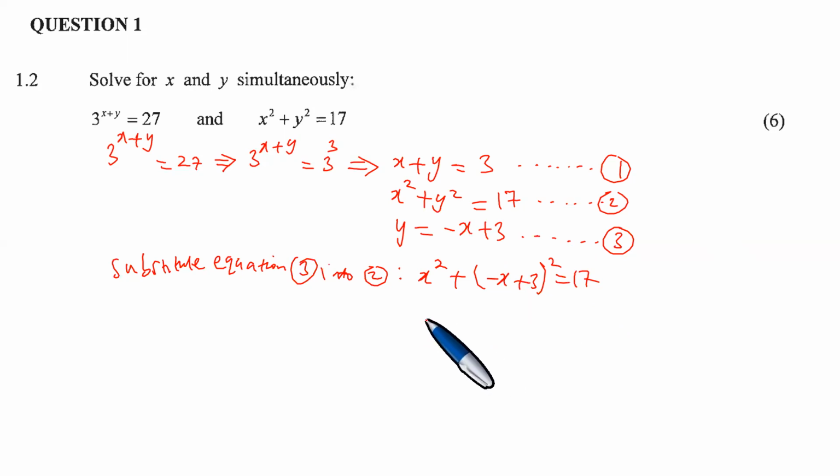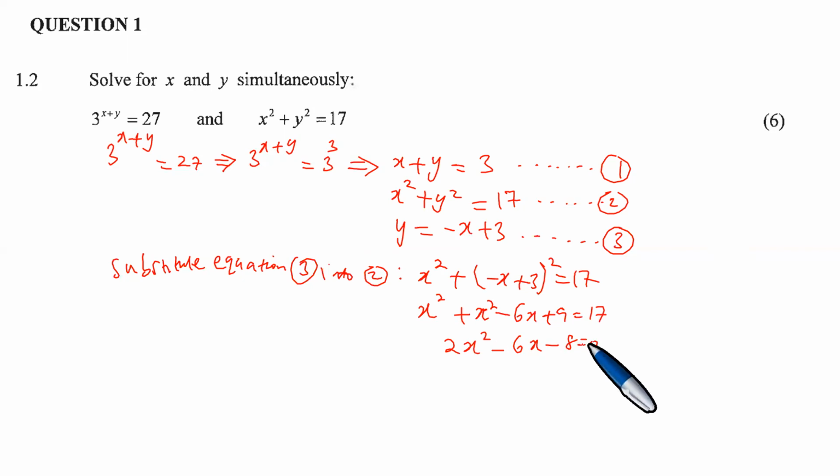Let's continue to manipulate this equation here. Okay, so if we carry forward x squared, we square the bracket and multiply this out. And what is x squared plus x squared? It is 2x squared minus 6x minus 8 equals 0 there.